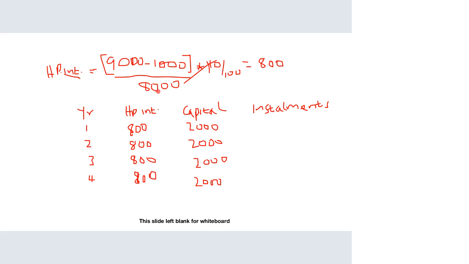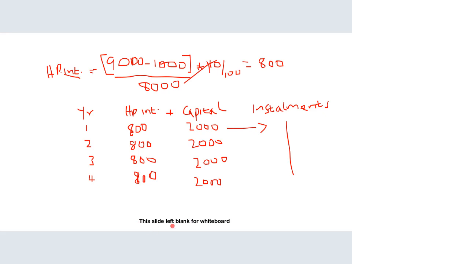So we'll add this, 800 plus 2,000. Now this will give us the installment. So you can fill that part until the last one, but it is just 2,800 shillings. So this is the first method that we can use to get the amount of the hire purchase interest that will be payable per annum.